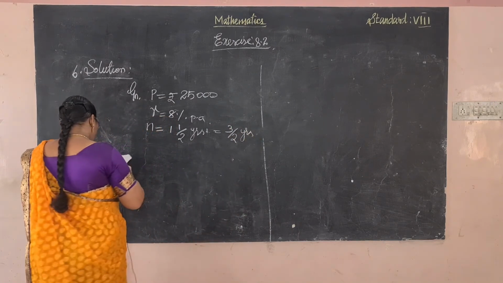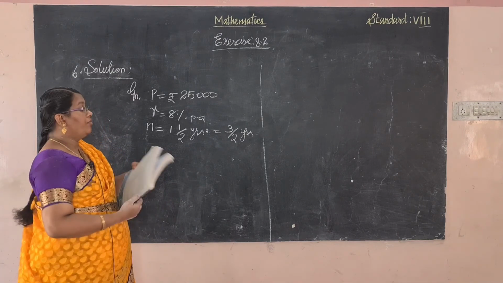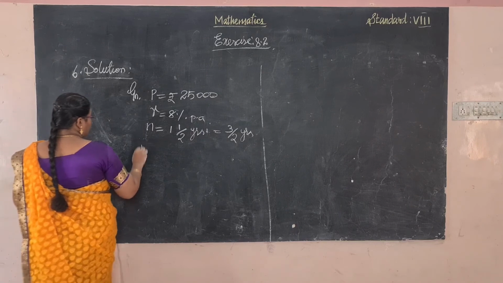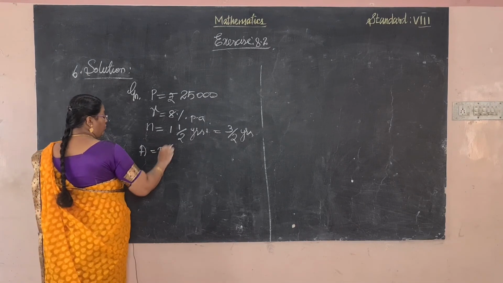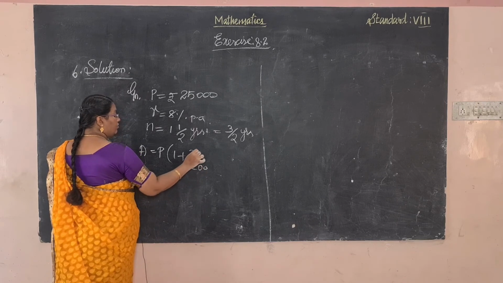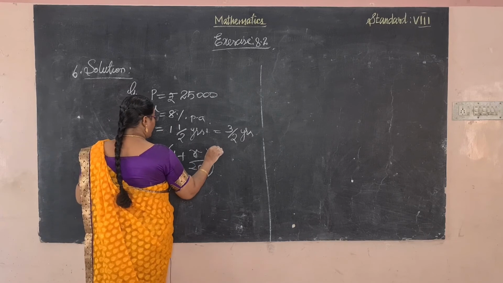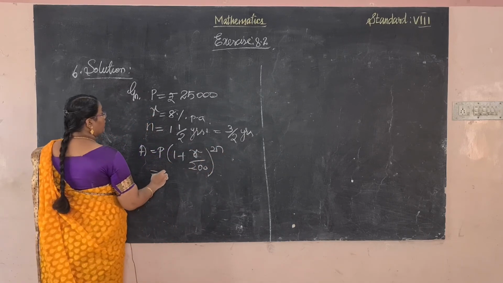The interest is compounded half yearly, so we use the half yearly formula. A is equal to P of 1 plus R by 200 the whole power n. Substitute the values.